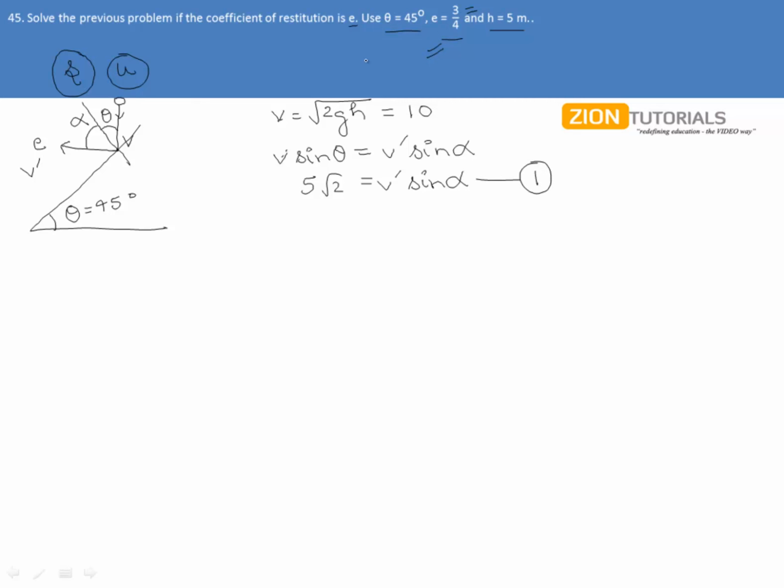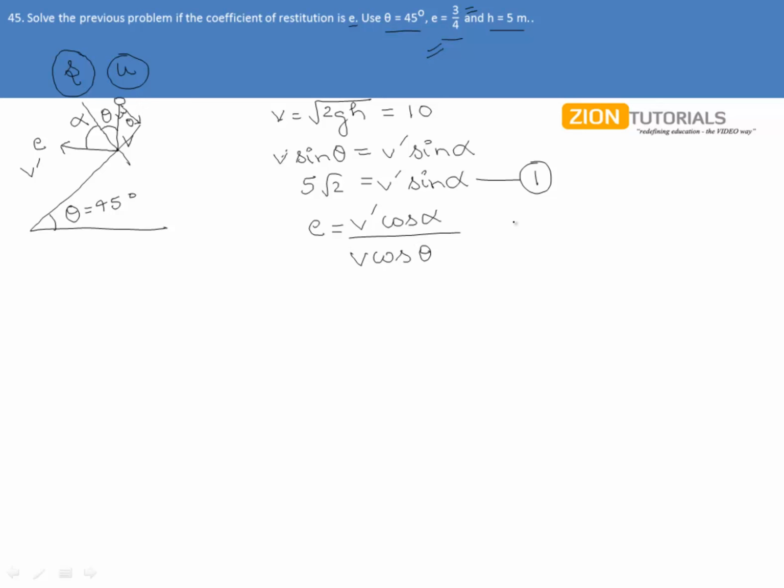Now let us apply the equation of coefficient of restitution in the direction perpendicular to the plane. E equals velocity of separation upon velocity of approach. Separation is due to V dash, so it will be V dash cos alpha, upon the approach velocity, which will be V cos theta. Why? Because this angle will be theta and it will be approaching with V cos theta. V cos theta is V, 10, times cos theta, 1/√2, so that is 5√2, and E is 3/4.